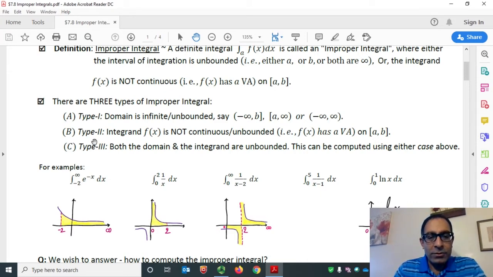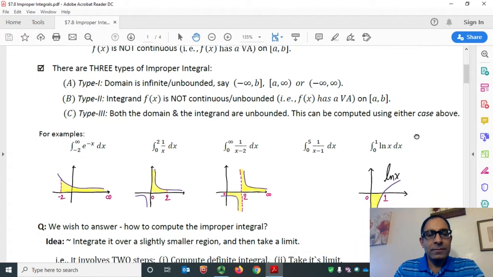Type 2 is where the integrand function is not continuous, that is f(x) has a vertical asymptote on the interval [a, b]. And type 3, both the domain and the integrand function are unbounded, and type 3 can be computed using either case above.